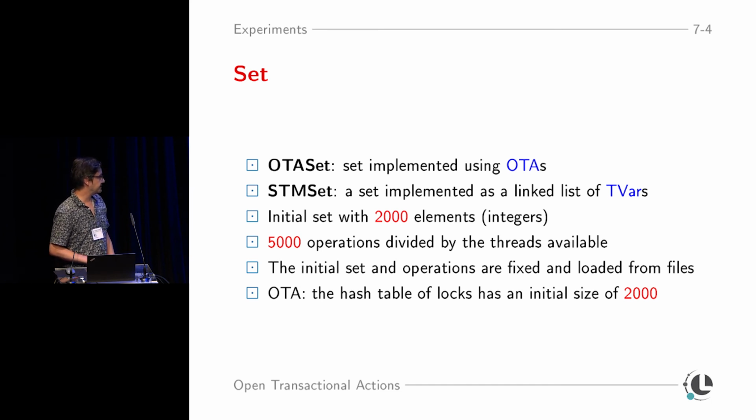The initial set and operations are fixed and loaded from files. And in the Open Transactional Actions version of the set, the hash table of logs has an initial size of 2,000, which is the same size as the initial set.